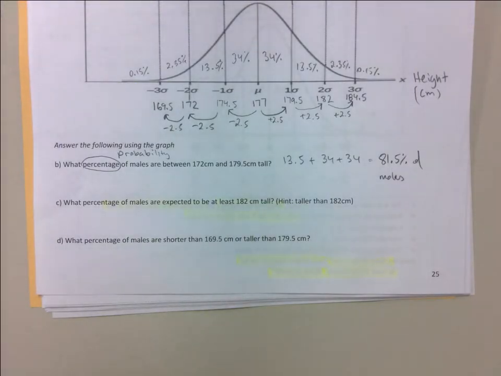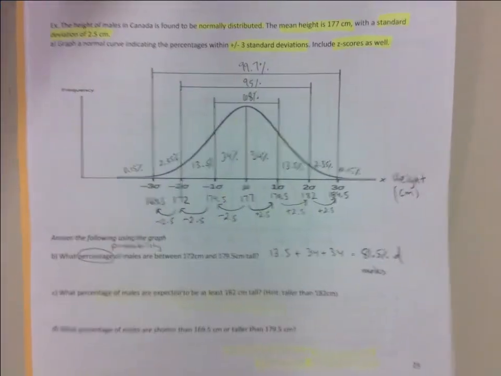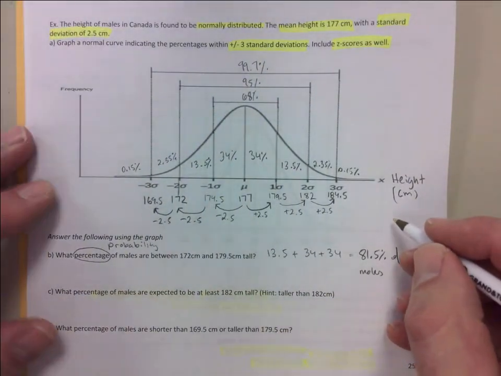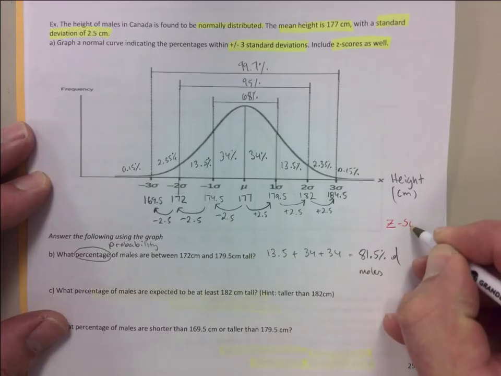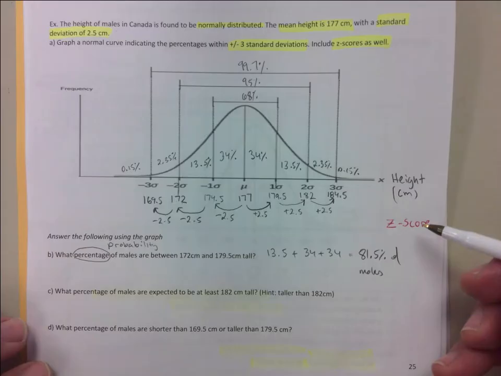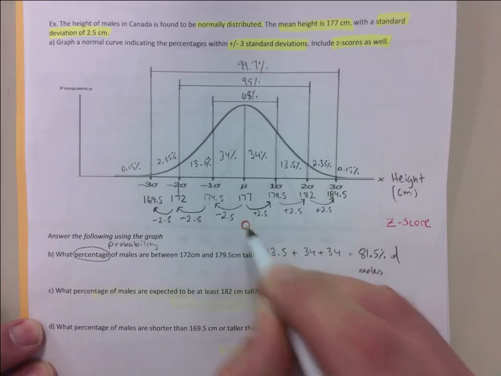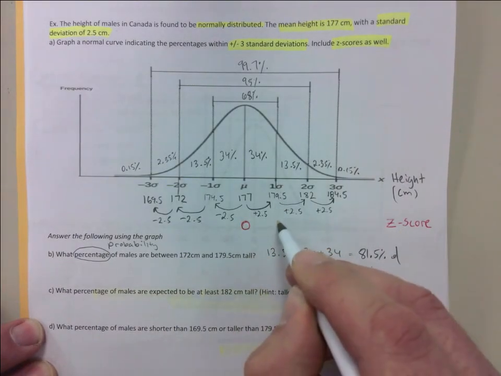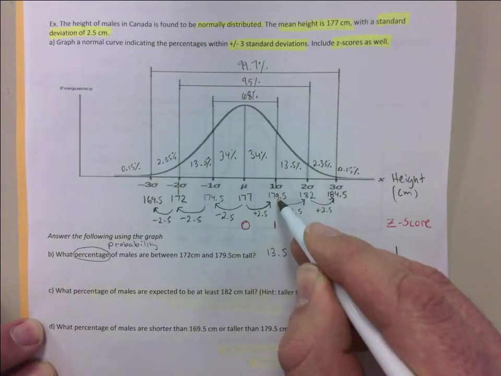One thing that I forgot to add to your curve, which I would like you to do right now, is the z-scores, because some of the questions that follow ask you for the z-score. I'm going to use a red pen. The z-score tells us that the mean is 0. Instead of 179, we refer to that one as 1.